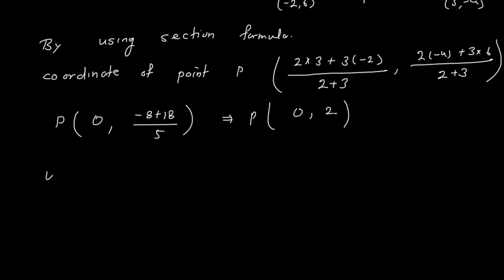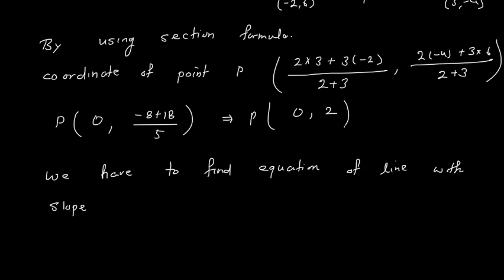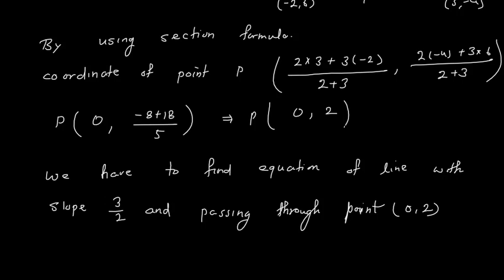So therefore we have to find the equation of line with slope 3 by 2 and passing through point 0 comma 2.